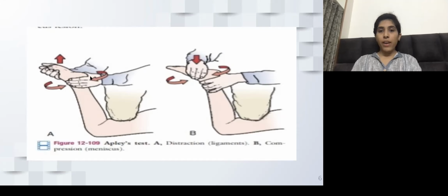In the same way, there will be compression, and along with the compression, the rotational movement should be checked.